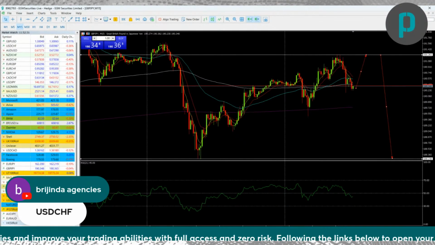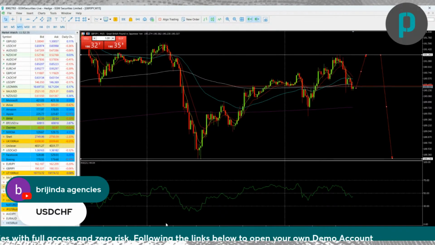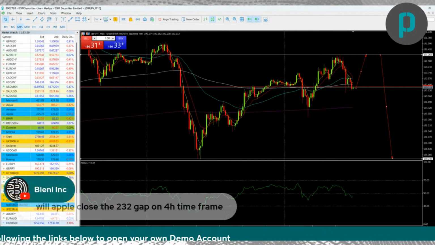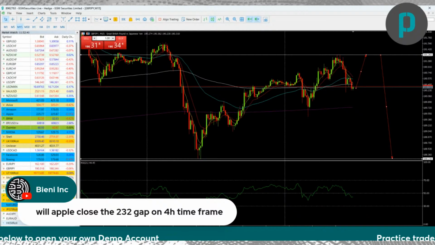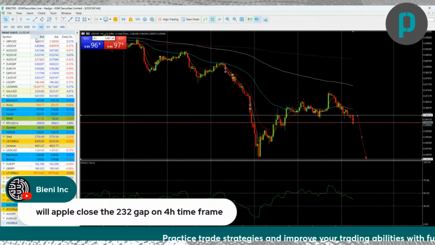That would be it. Next, USDCHF. I think we've already looked at USDCHF, haven't we? Let's go back to it. I think it was the first currency we looked at. So this was the analysis. We're looking for a short opportunity.